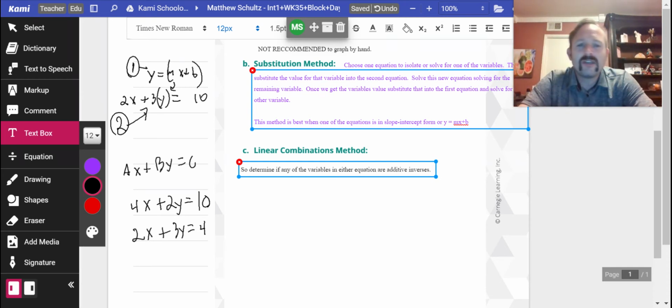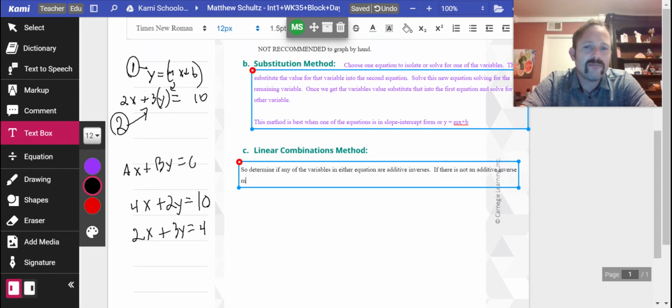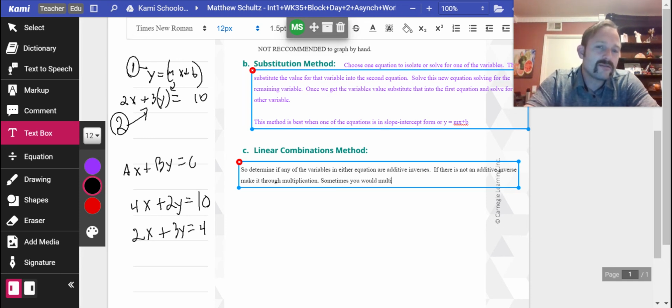However, if there is not an additive inverse, make it through multiplication. Sometimes you would multiply both equations by different numbers.